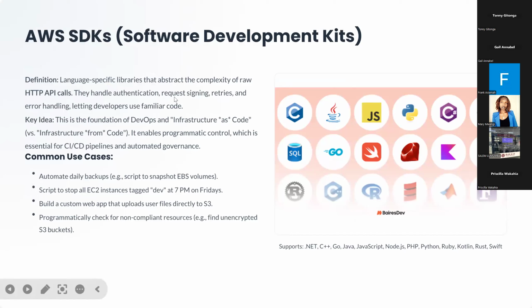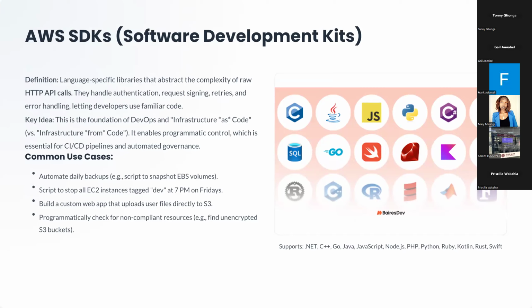They handle authentication, request signing, retries, and error handling. This is the foundation of DevOps and infrastructure as code. It enables programmatic access, which is essential for CI/CD, continuous integration and continuous delivery pipelines, and automated governance.